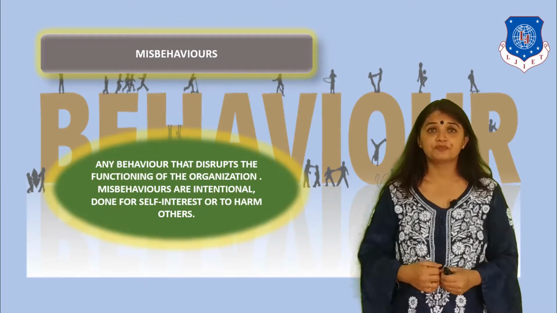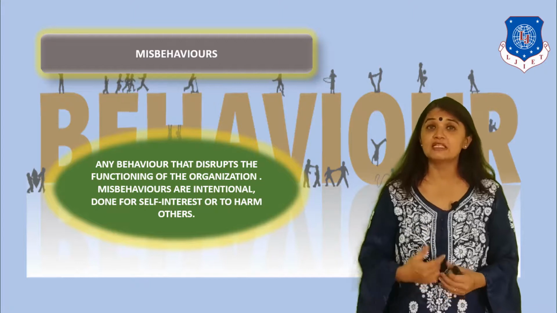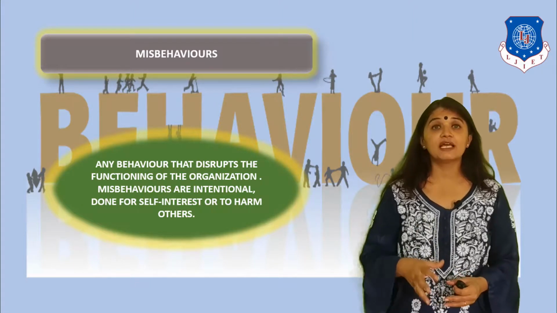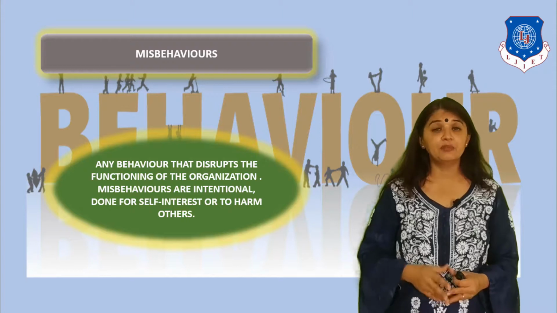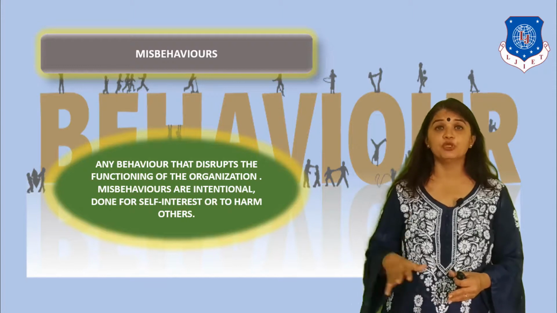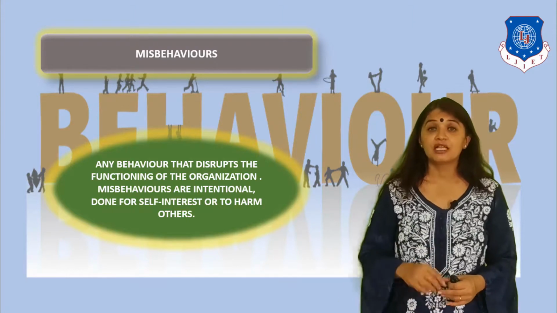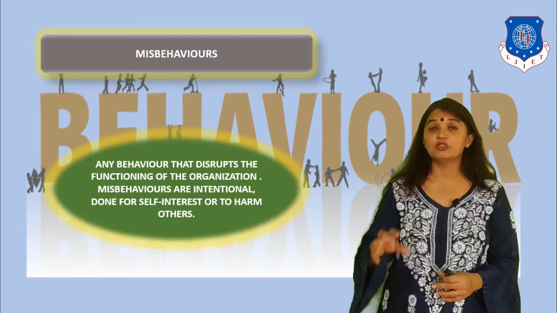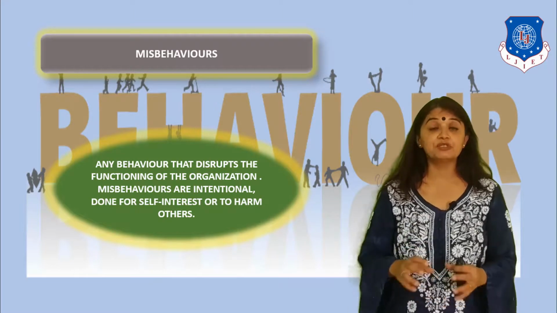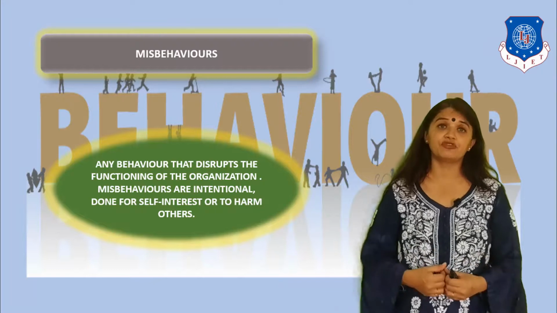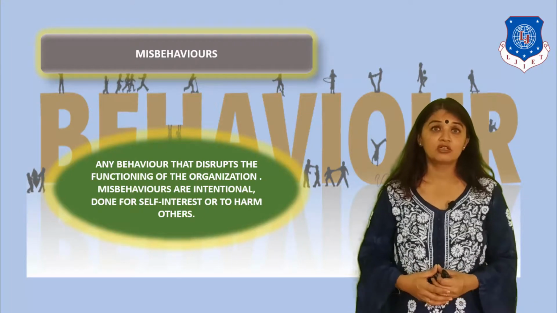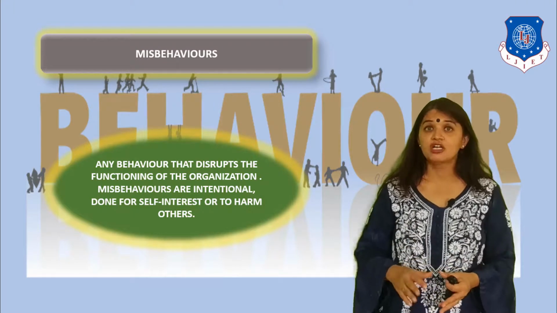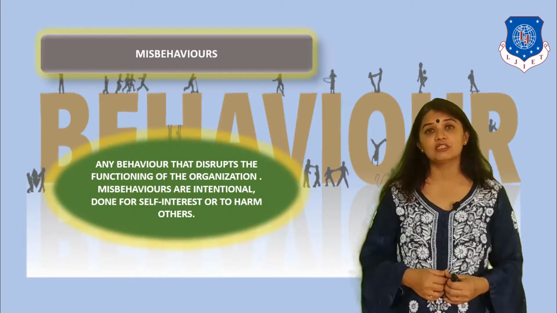So first of all, what is organizational misbehavior? Let us understand that. Organizational misbehavior can be defined as anything that we do at work that we are not supposed to do, which is not acceptable to the management, which may disrupt the functioning of the organization, or which is usually done either for self-advantage or to harm someone in the organization.